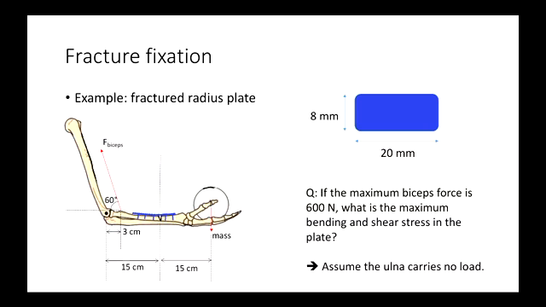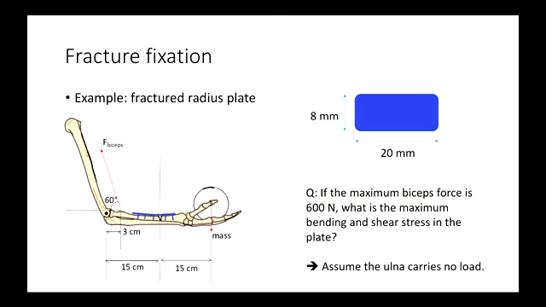So MV equals negative 7800 newton millimeters. So that's saying that the direction is wrong, because it's negative, so it's a bending moment that way, as in it's bending the plate like that.